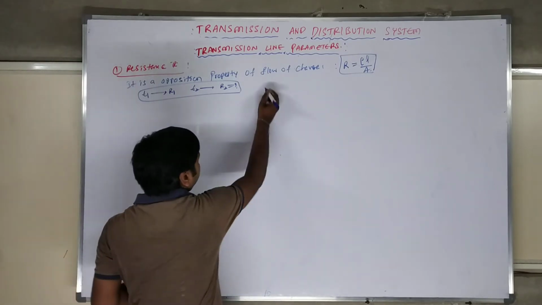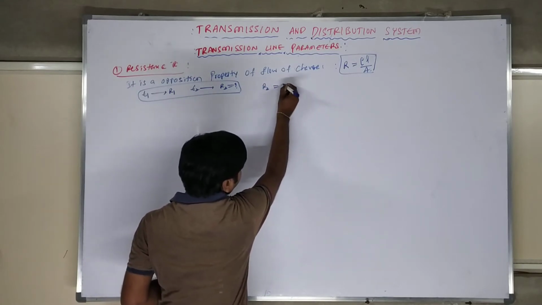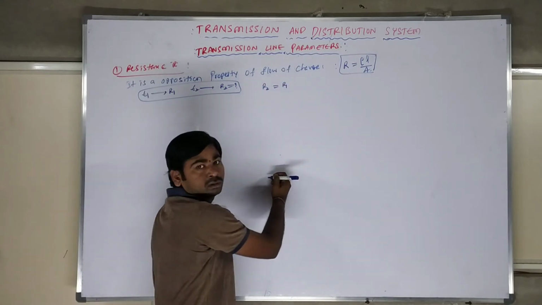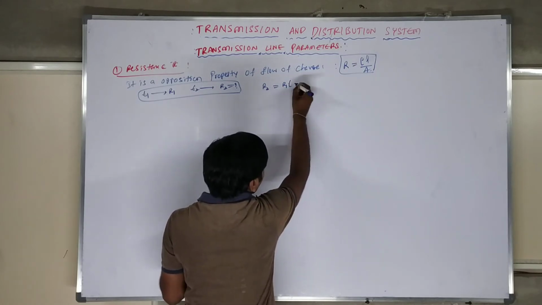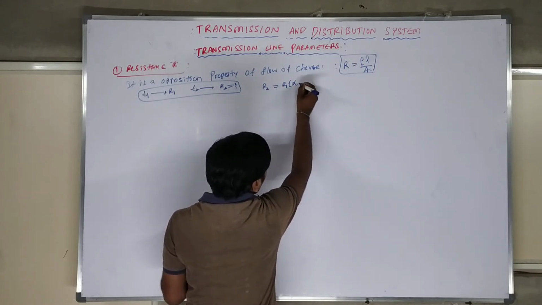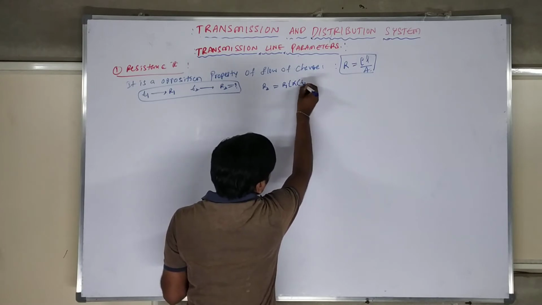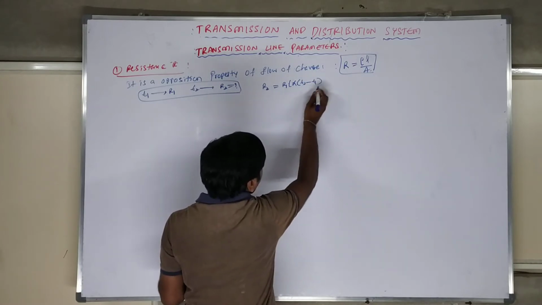So the formula we have is R2 is equal to R1 plus R1 into alpha times T2 minus T1.